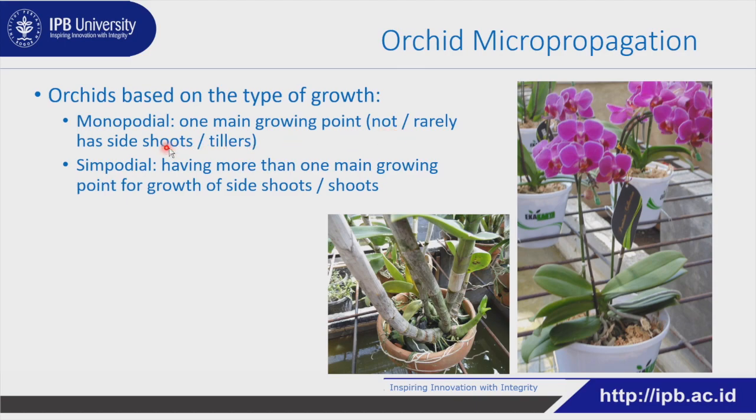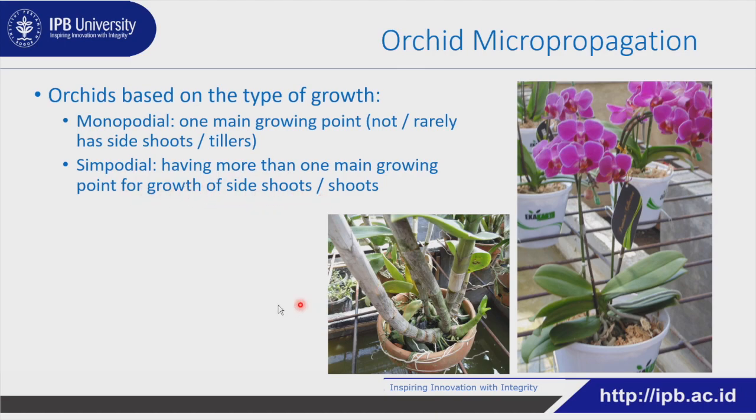Therefore, propagation using the conventional vegetative way is not that easy. And the second is sympodial. The sympodial orchid has more than one main growing point or side shoot like this.